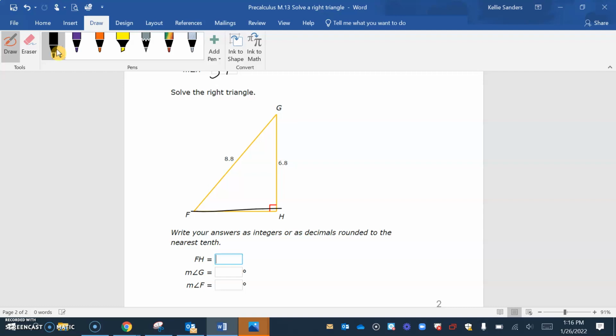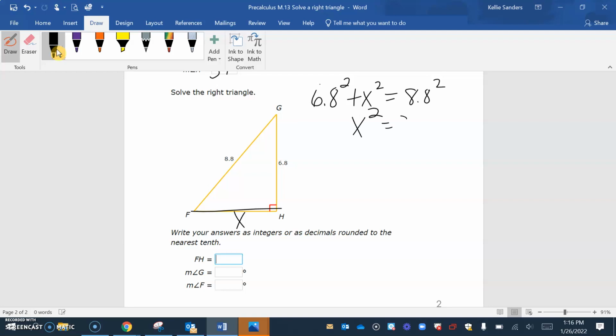We're going to use the Pythagorean theorem on this one. The 8.8 is your hypotenuse. So 6.8 squared plus x squared, that's x, equals 8.8 squared. So 8.8 squared minus 6.8 squared equals 31.2.